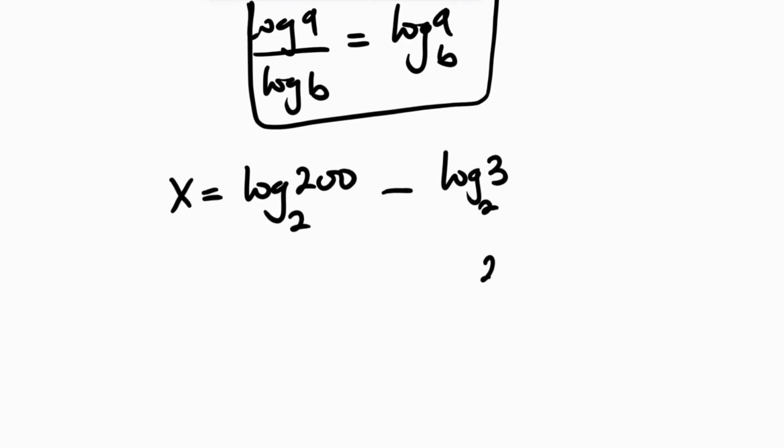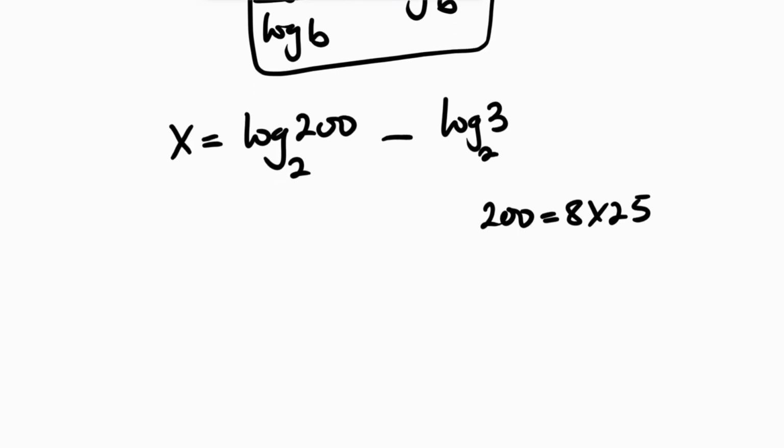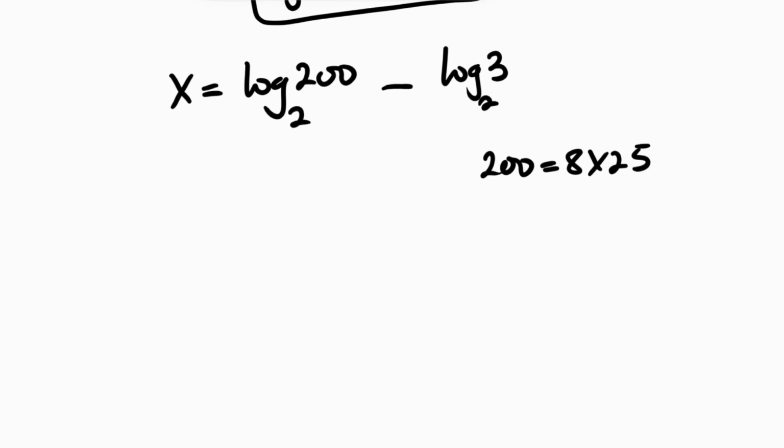Now, let's break the 200 down. 200 is the same thing as 8 times 25. All right? Because we're trying to get a number in such a way that it will be 2 raised to the power something, so we can strike off the log 2.